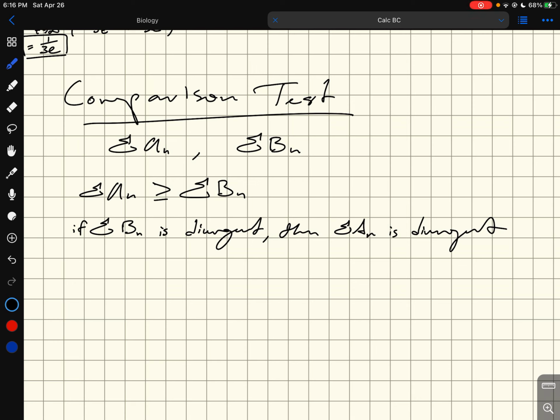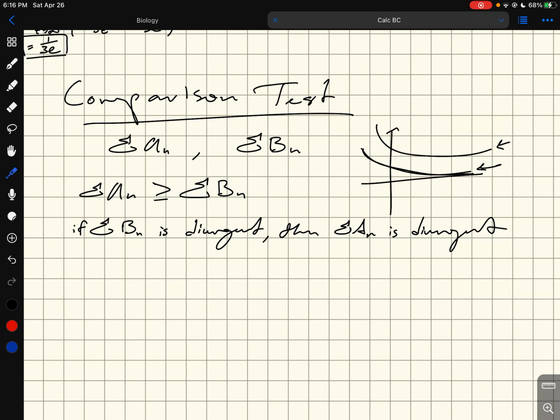Now, the reason for this is that if you have a series that is smaller than you and it's divergent, so let's just imagine this. Let's say we have two series like this. If this one doesn't converge to a number, then this one definitely can't, because this one is bigger than this one.